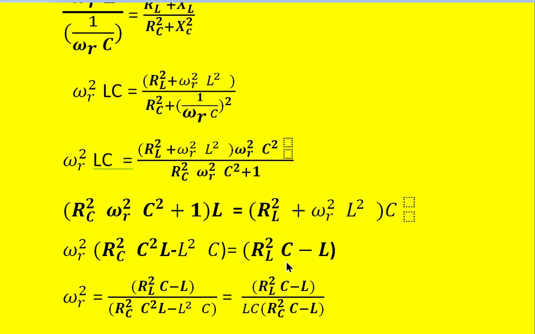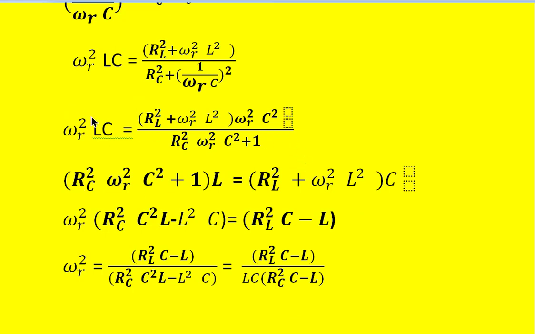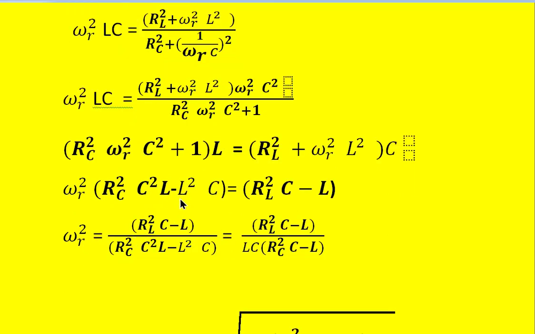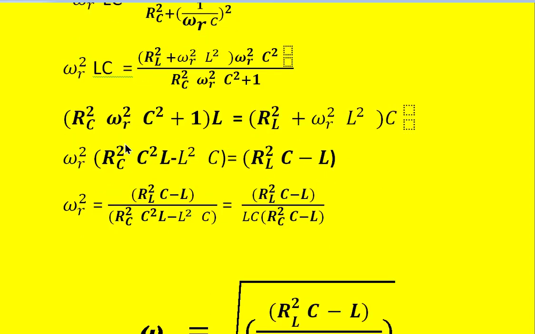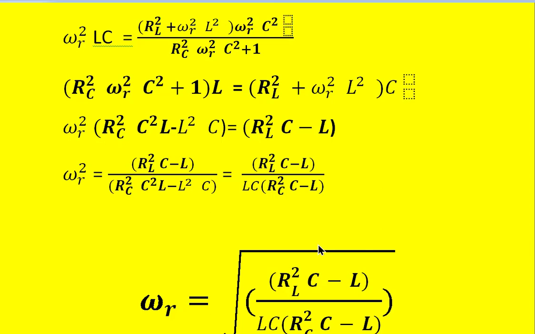After cross multiplying, the equation becomes RC square omega R square C square plus 1, into L, is equal to RL square plus omega R square L square, into C. It can be further simplified: omega R square into RC square C square L minus L square C is equal to RL square C minus L, with the L moved to this side and multiplied. So omega R square can be written as RL square C minus L divided by RC square C square L minus L square C.